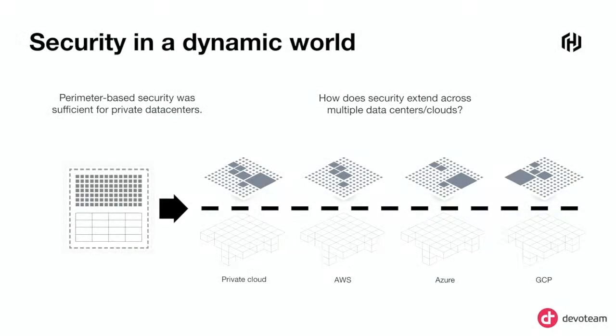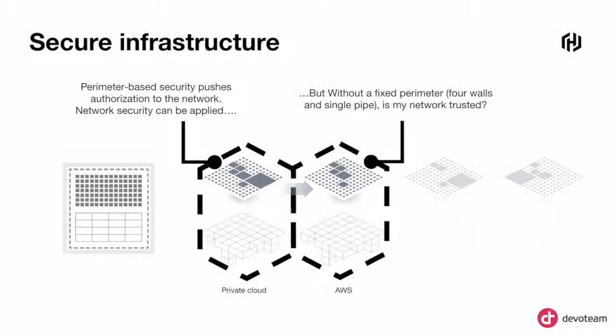But when you move to more advanced scenarios, like, hey, I want to have my private cloud with multi-regions and so on, then you start to face, hey, how is this security extending with multiplying my data centers, multiplying my clouds, and how do I approach it?